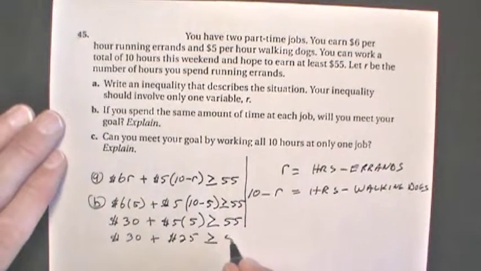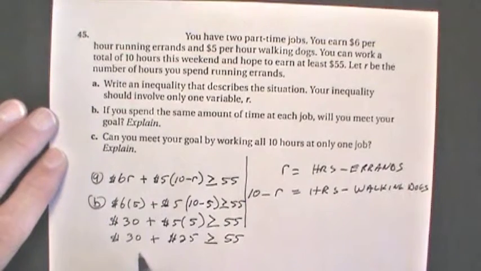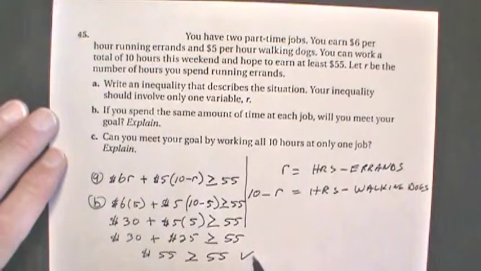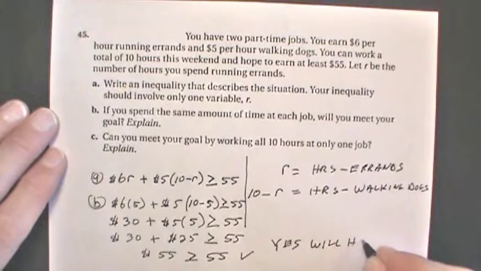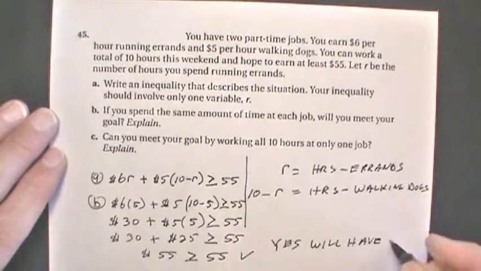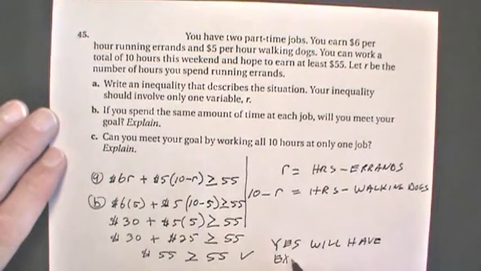I want to see if that's greater than or equal to 55. Adding these two up, we have 55 greater than or equal to 55. And we are at least equal to that. So yes, we will make at least 55. Let's write yes, we'll have exactly 55.